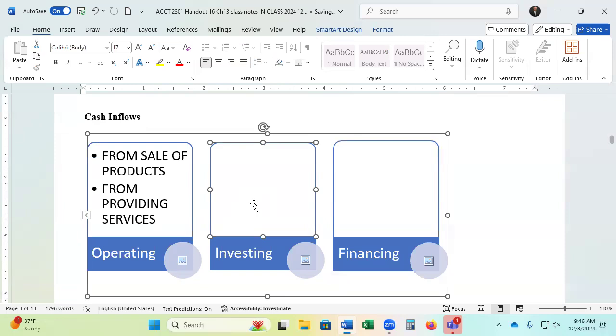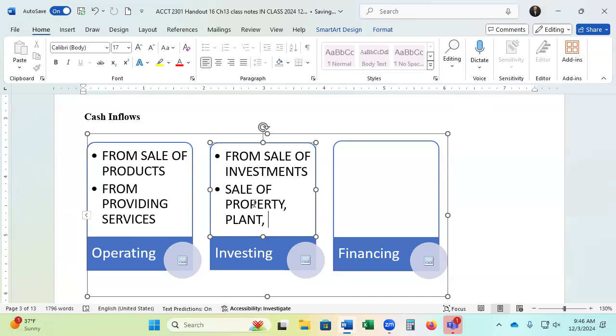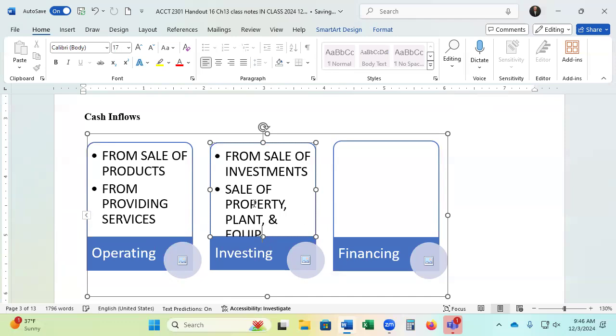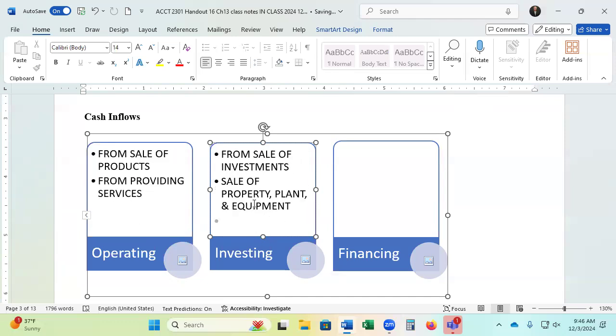Cash inflows from investing come from sale of investments, sale of property, plant, and equipment, and sale of intangibles.